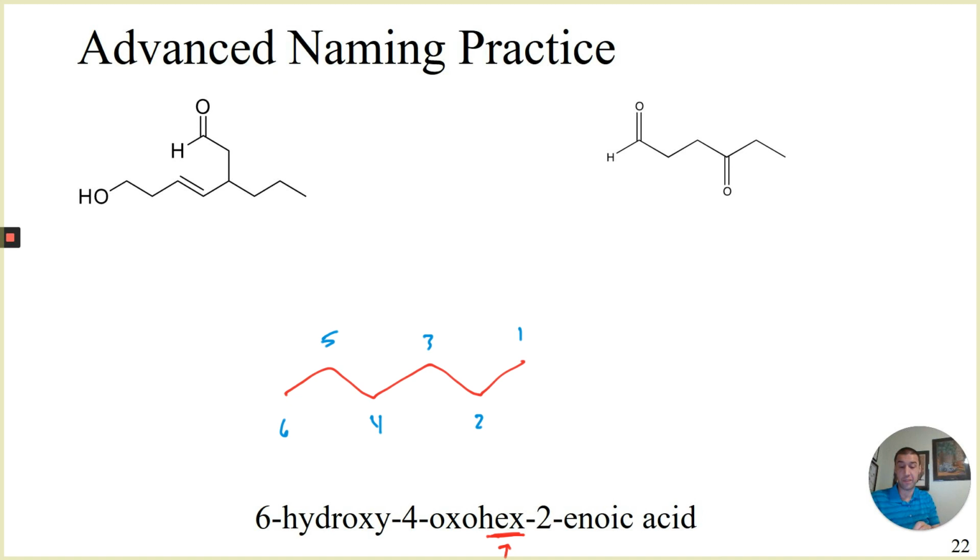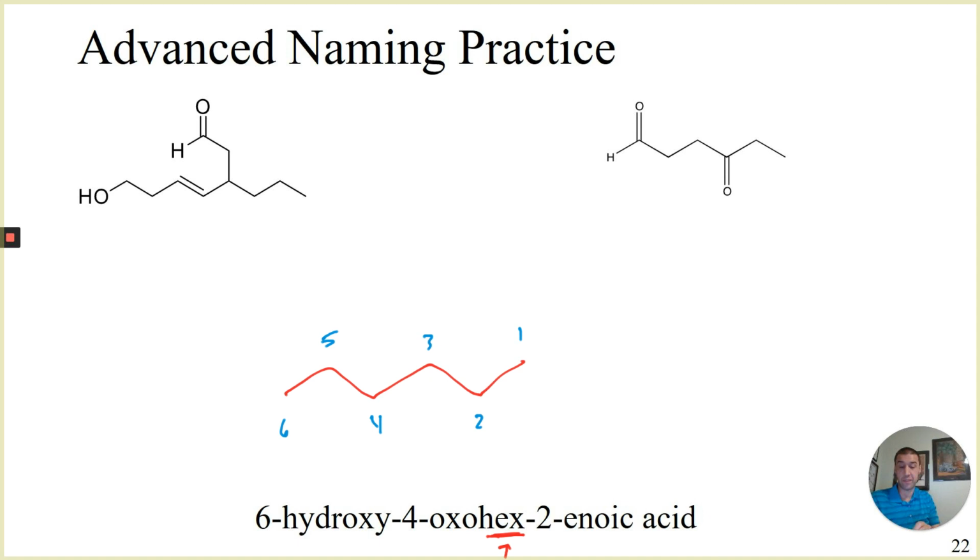Don't overthink this too much, because it can become confusing. But if you're just trying to draw it out, that's probably the easiest bet.